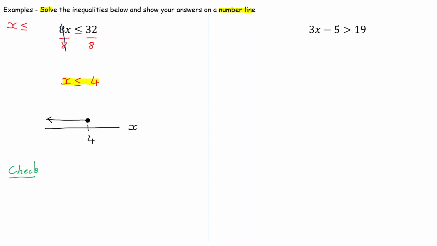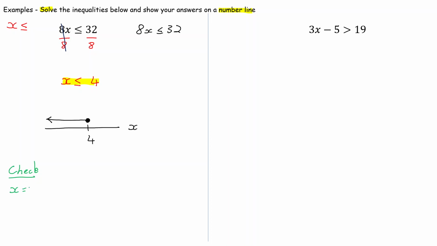So the original inequality said that 8x was less than or equal to 32. Any value less than or equal to 4 should satisfy, and that's a key word there, satisfy that inequality. So let's go and choose a value less than or equal to 4, and it should make sense with our inequality. So let's use, I don't know, x being equal to 2.